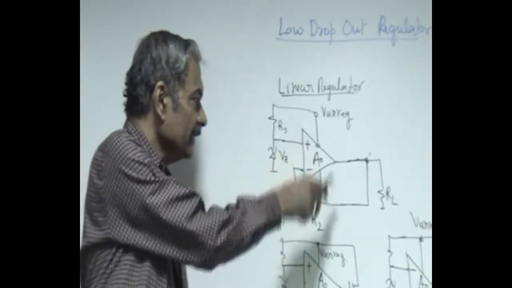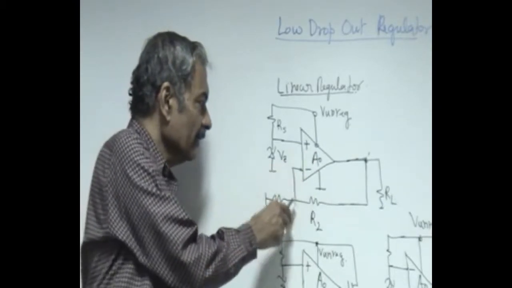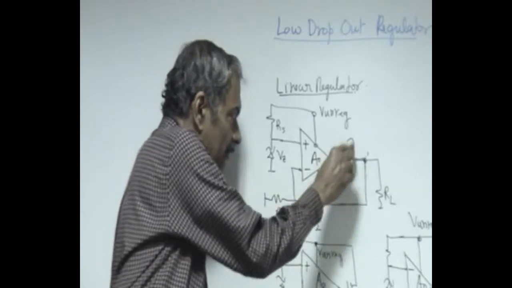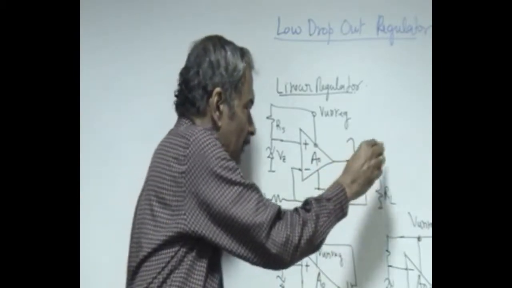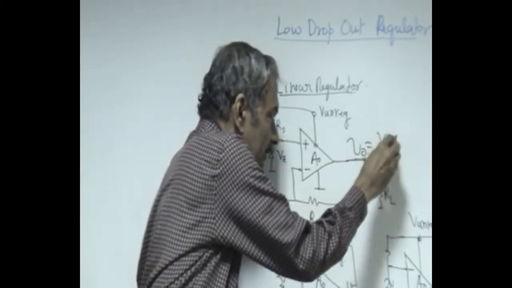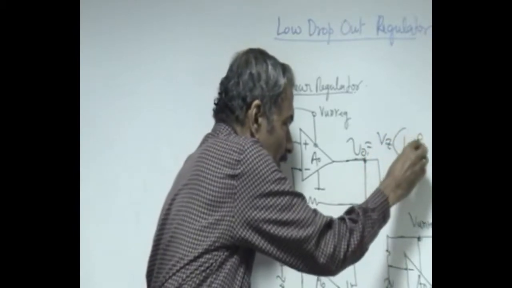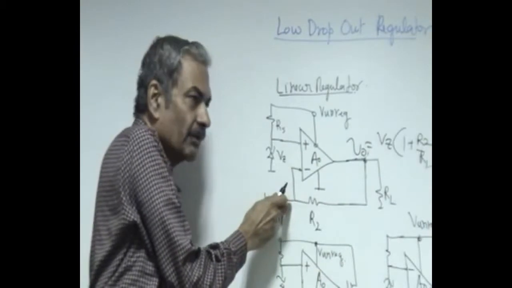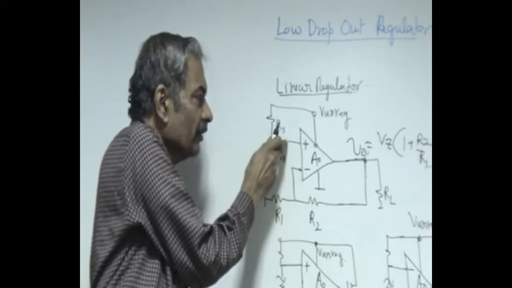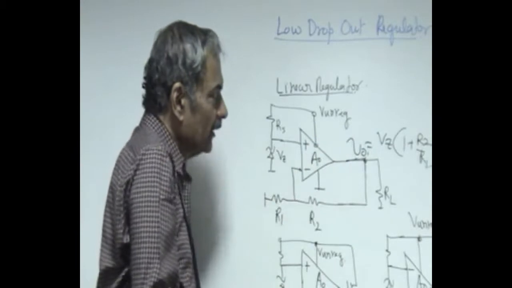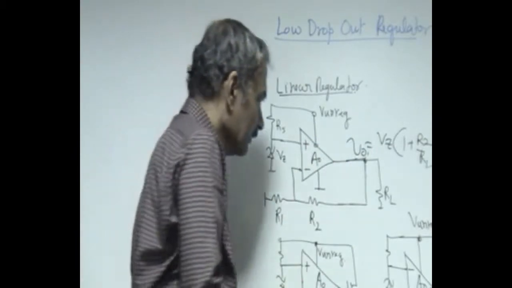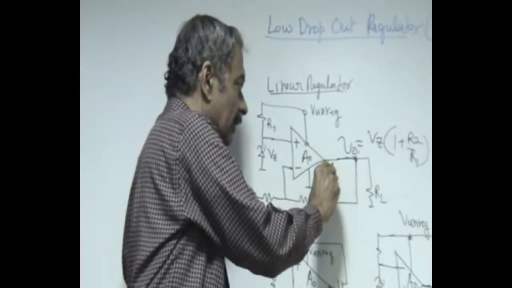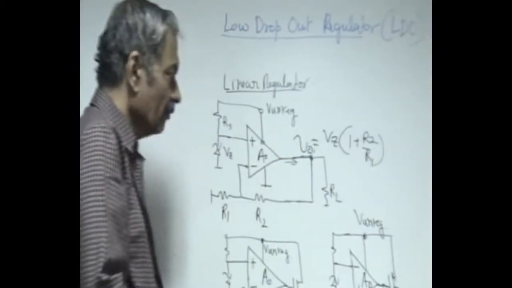And if it is negative feedback like this, then we know the gain of this whole thing: V0 is going to be equal to Vz into 1 plus R2 over R1, because it is V0 into beta. Beta is R1 by R1 plus R2, which is made equal to Vz. And the load can be delivered current by this operational amplifier.